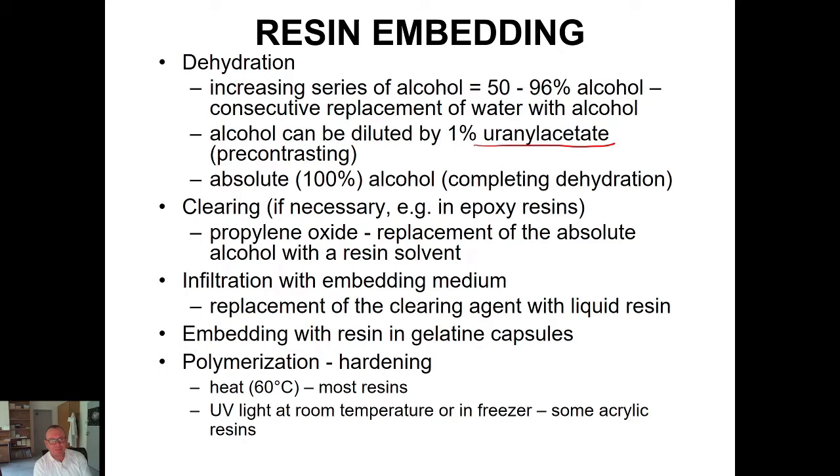Then it's clearing if necessary, infiltration and embedding. Instead of the metal or plastic molds we use for paraffin or celloidin blocks, in electron microscopy smaller molds are used, usually made from gelatin capsules. Gelatin is then dissolved and we have, after hardening, a very hard tissue block.